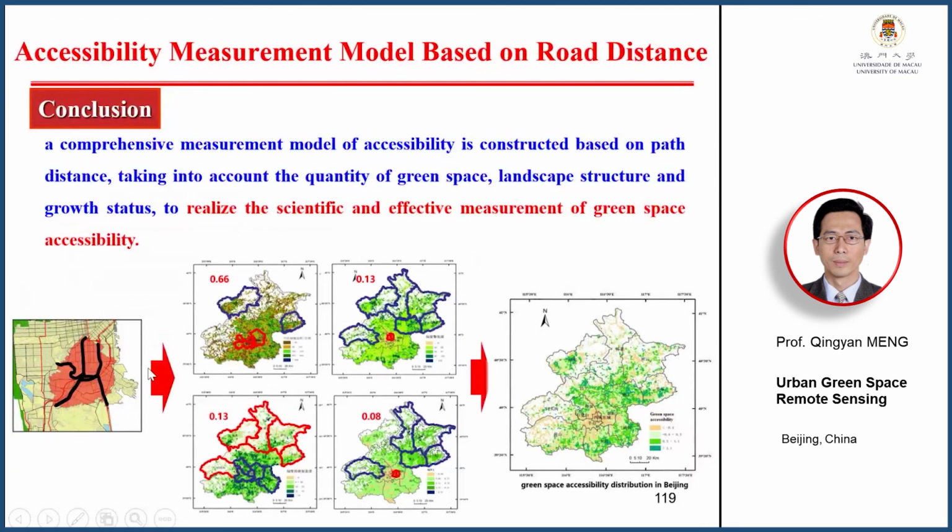Okay, the conclusion. A comprehensive measurement model of accessibility is constructed based on path distance, taking into account the quantity of the green space, landscape structure, and growth status, to realize a scientific and effective measurement of urban green space accessibility.